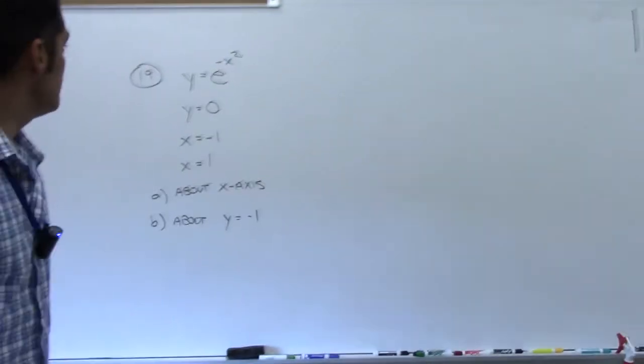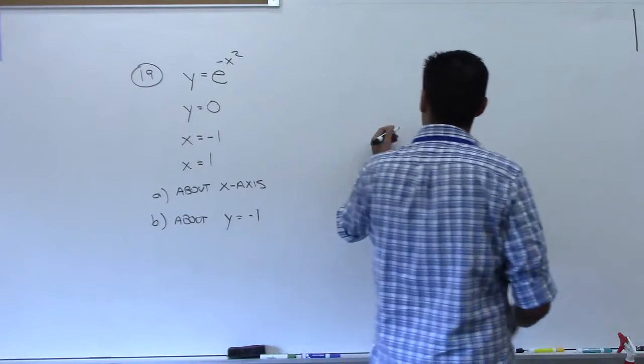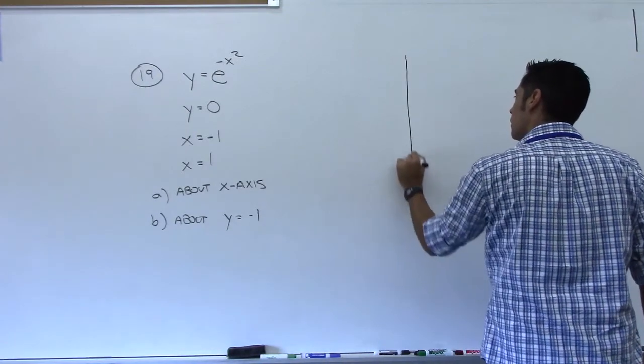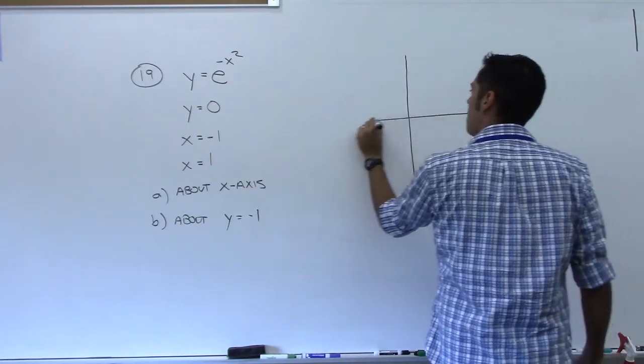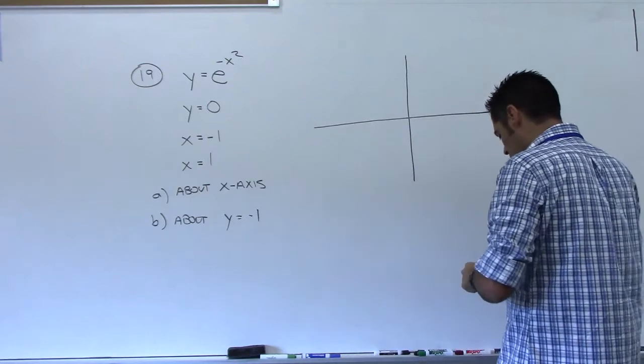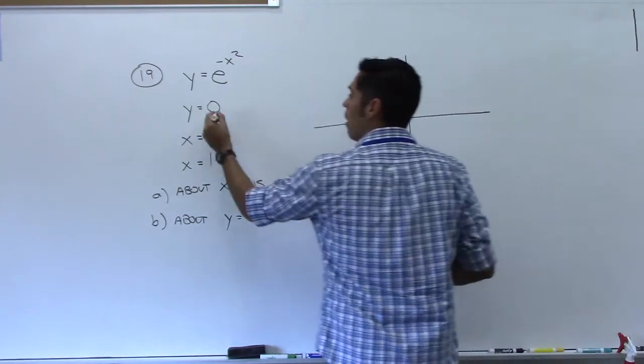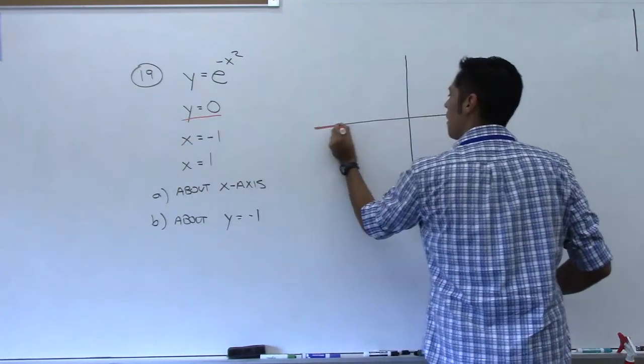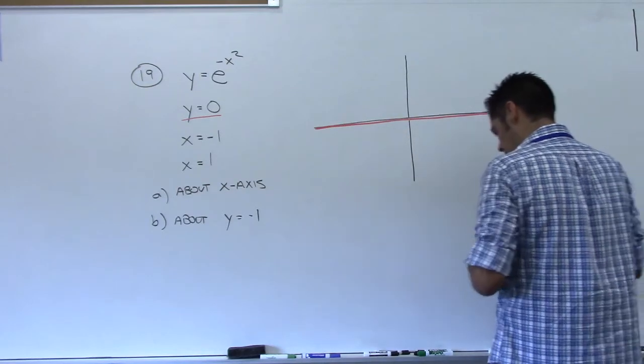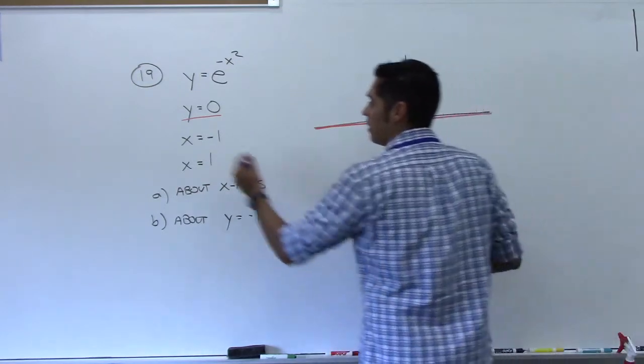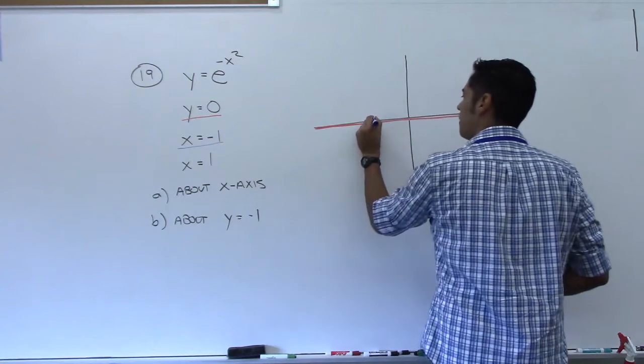So let's try this. Again, we've got to graph it. Let's take care of the easy ones first. Y is 0 is the x-axis. X is negative 1, vertical line.